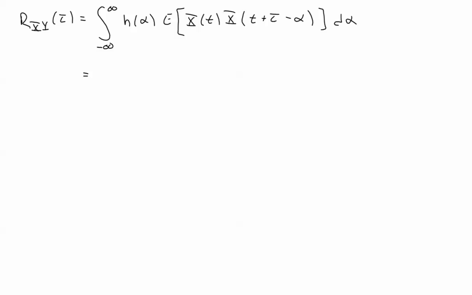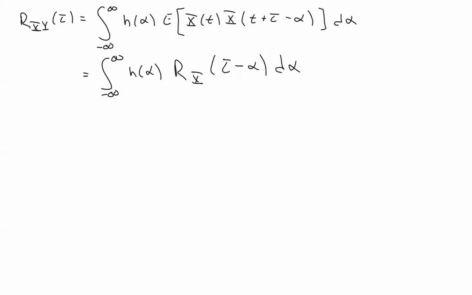This then is h of alpha times the autocorrelation of x evaluated at tau minus alpha. Remember, anytime I find the expectation of x multiplied by x at some later instant in time, that's an autocorrelation function.